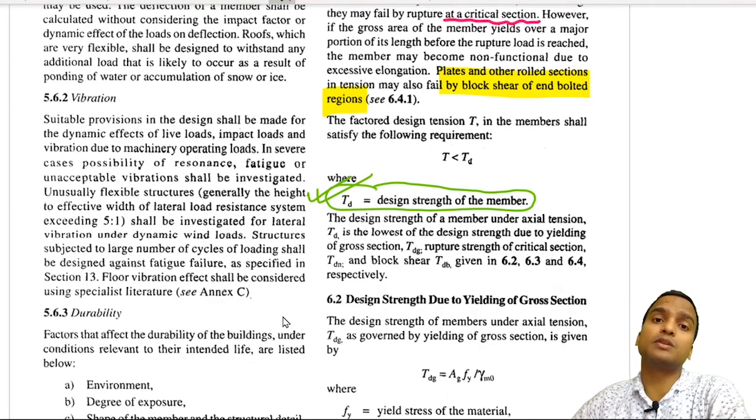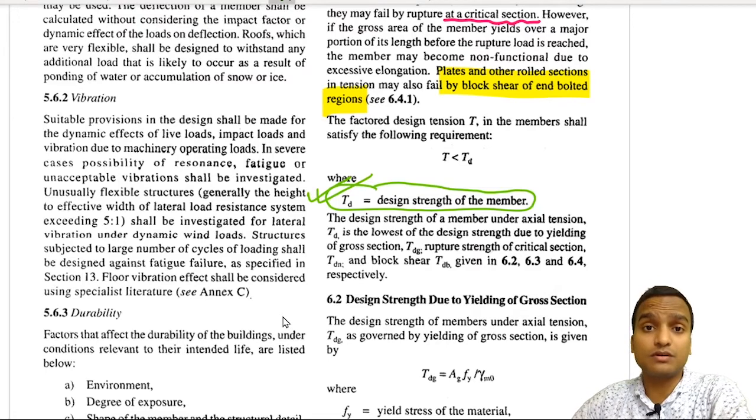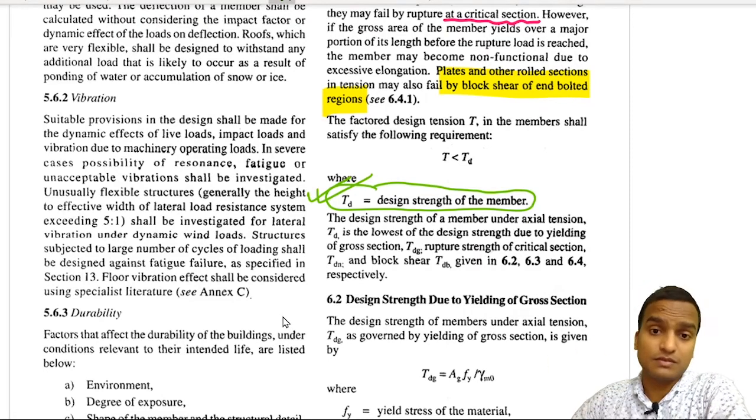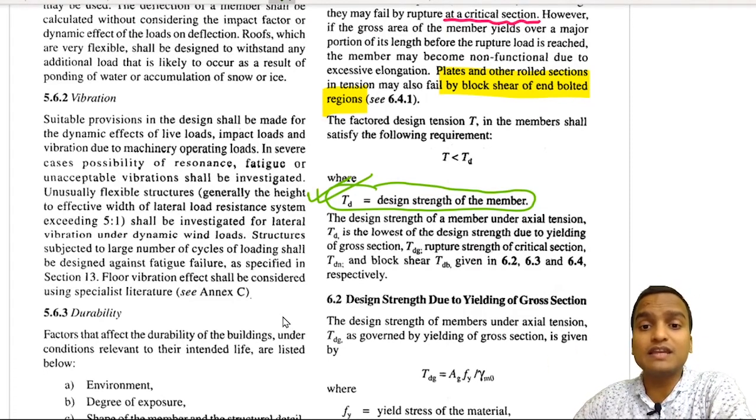What is the Td of the tension members? It is written in the code that the design strength of a member under axial tension, Td, is the lowest of three values. The first value is the design strength due to yielding of gross section, represented by Tdg. The second one is the rupture strength of critical section, represented by Tdn.